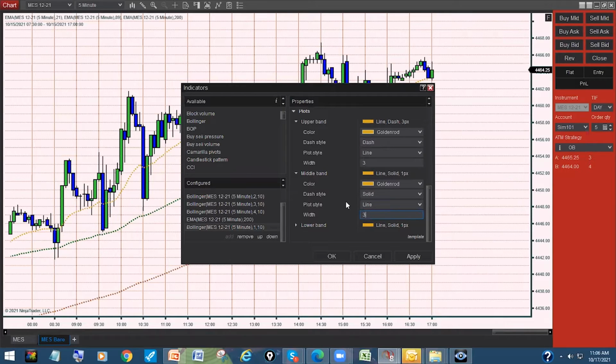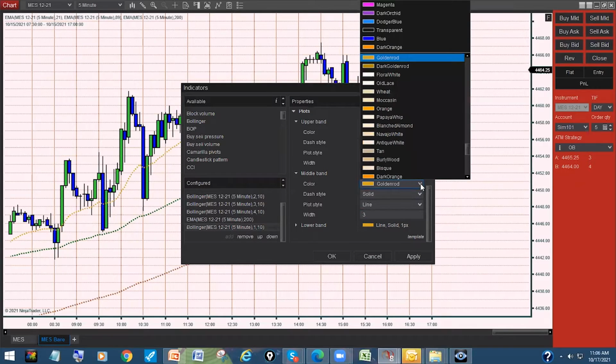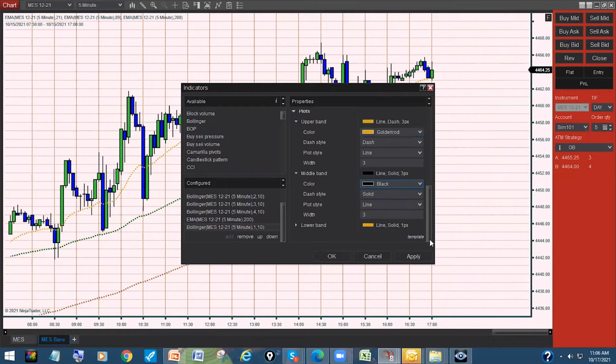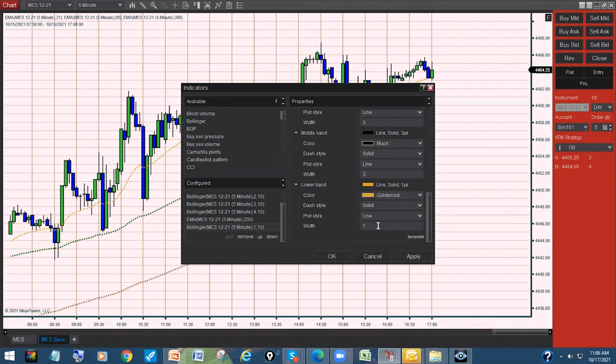And then the center line, oops, this is the center line. Let's change this color to let's just go to black. All right, that way it'll stand out and we can really see it. All right, and then the lower band we'll leave goldenrod, and solid we'll just make it a little stronger.